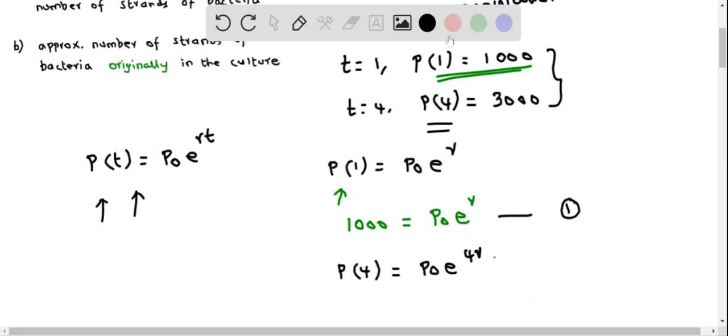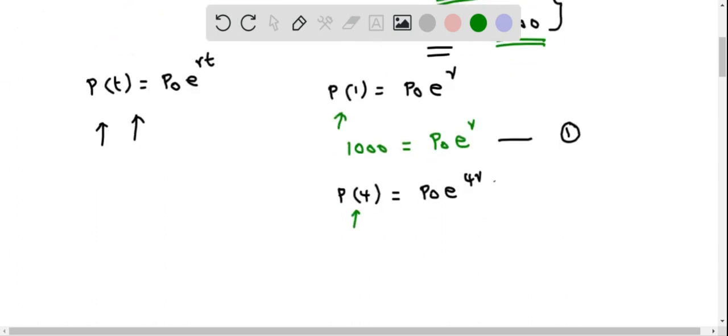And we already know that P of 4 equals 3000, so we can replace the left side with 3000. Therefore this becomes 3000 equals P naught e raised to the power of 4R. Let's say that this equation is numbered equation number 2.